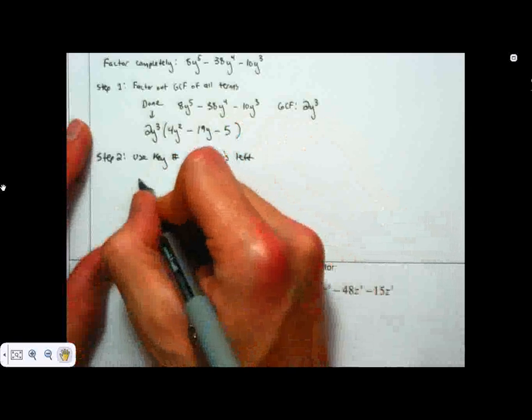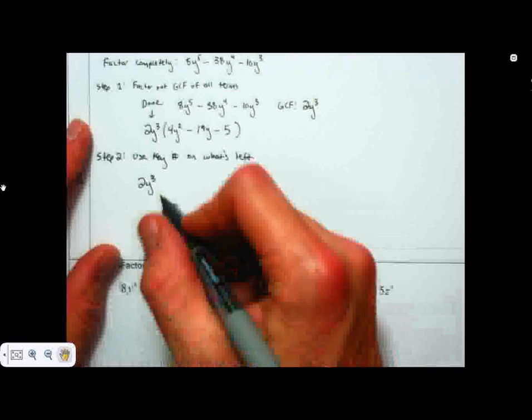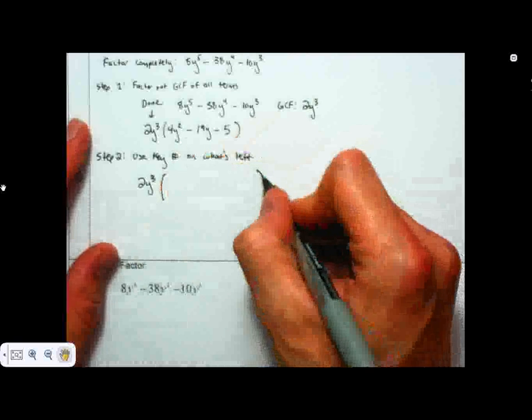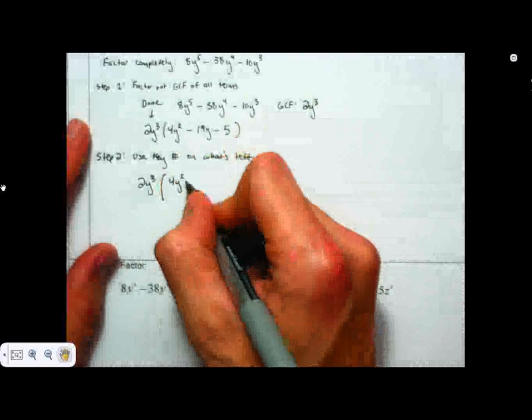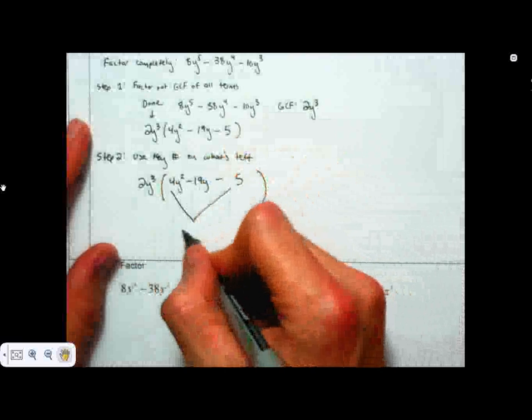So that means that this 2y to the third is just going to hang out, and I'm just going to ignore it. And so when I'm using the key number method, again, I'm multiplying the 2 outside guys together. So 4 times negative 5 is negative 20.